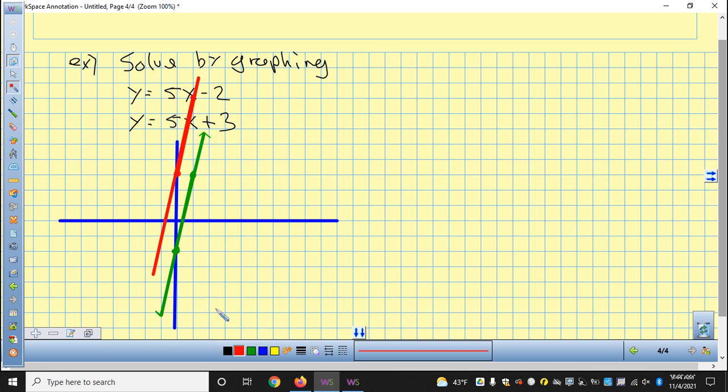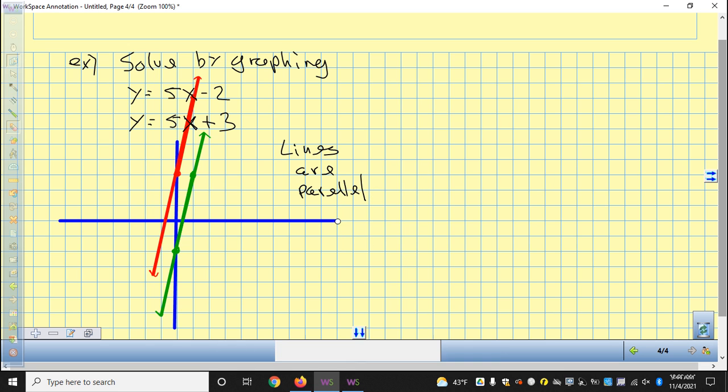What's going on with those lines? They're parallel. The lines are parallel. Well, if they're parallel, when are they going to cross? Never. They're never going to intersect.